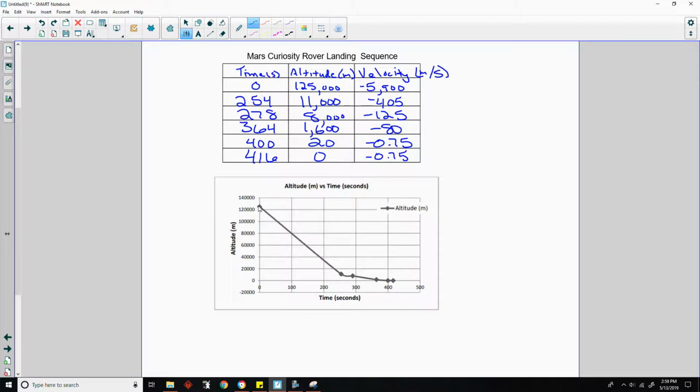So we started here at a little over 120,000, which is 125,000. It went down to 11,000, and it continued down, and then it slowed, and then we ended up landing. After a little more than 400 seconds, we are at 0.